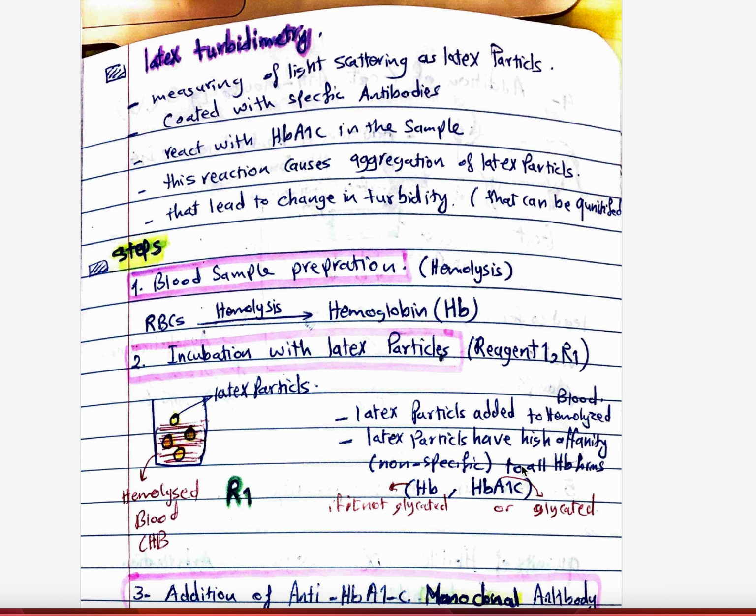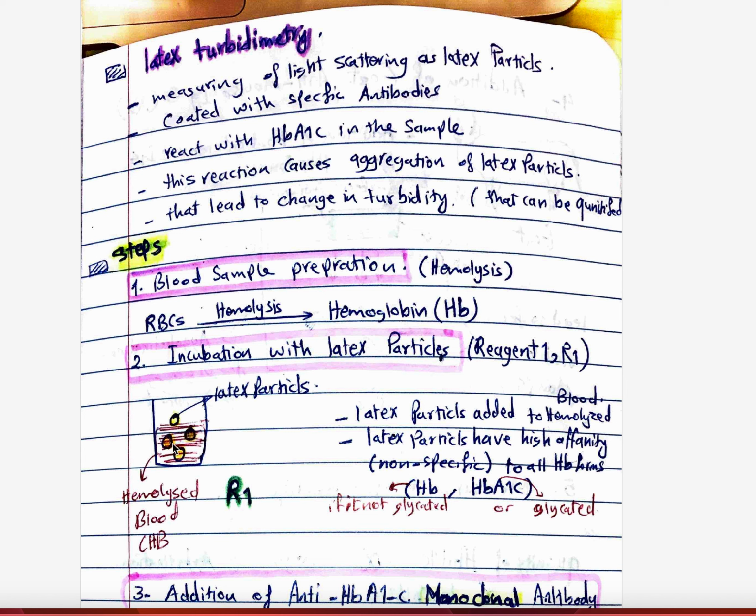As you can see here, there are hemolyzed RBCs with free hemoglobin, and then we add the latex particles to the hemolyzed blood. The latex particles have high, non-specific affinity to all hemoglobin forms, whether it is non-glycated hemoglobin or hemoglobin A1C.